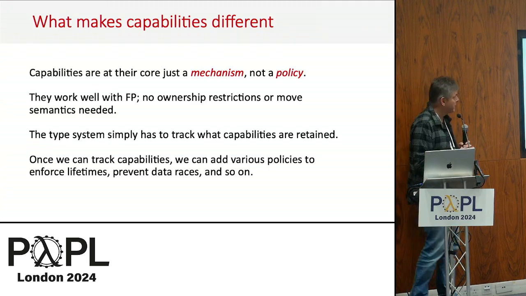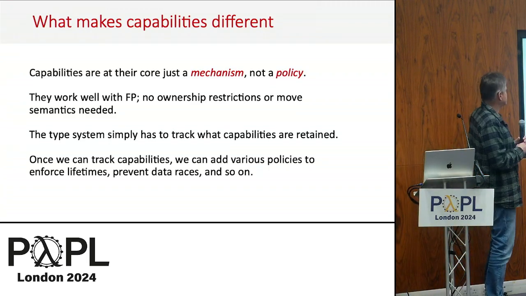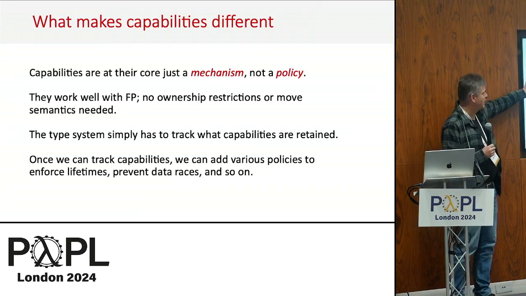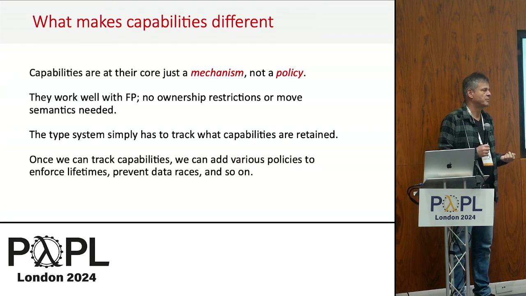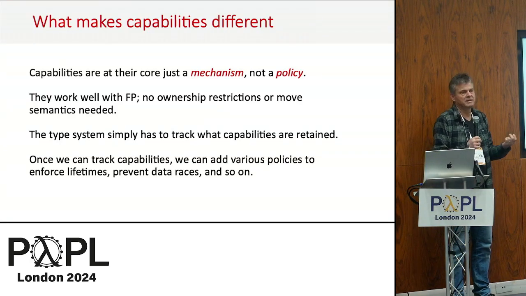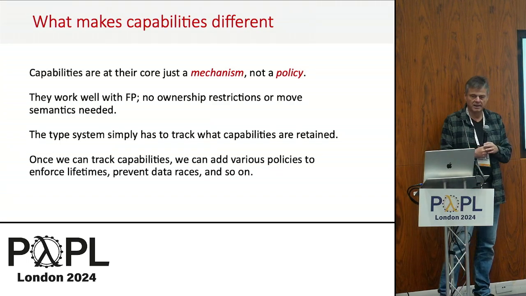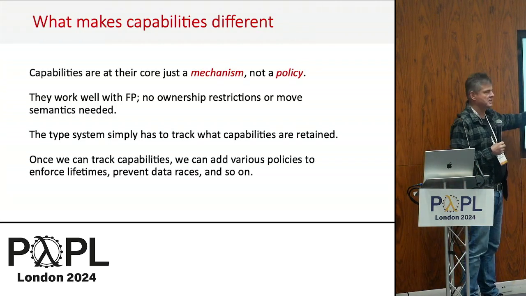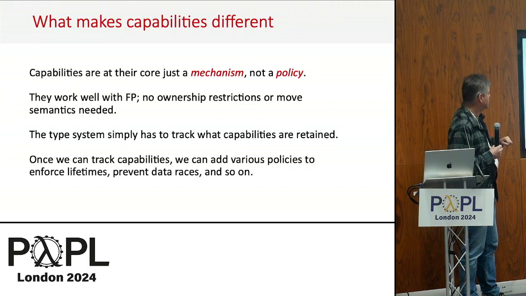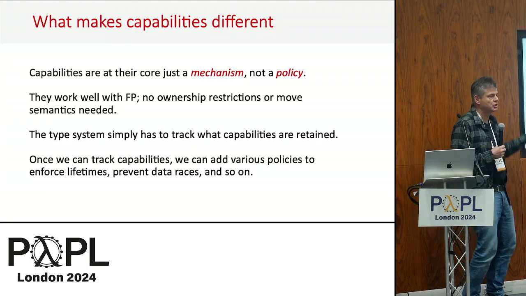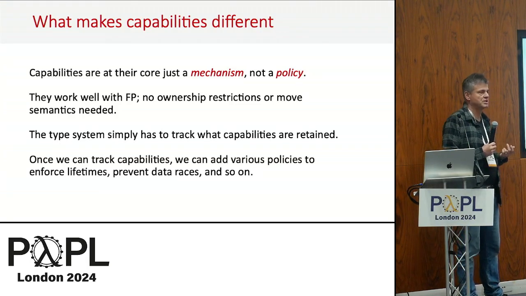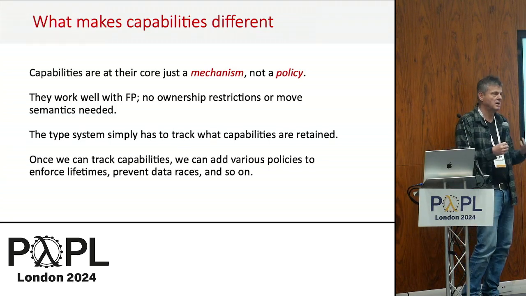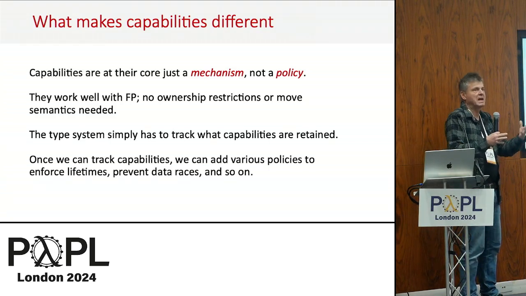So capabilities compared to effect systems, there's some difference. Capabilities at their core are just a mechanism. There's nothing yet that says they are even used for an effect. They could be used for other things like information flow. So what our system does is it simply tracks which capabilities are retained. We don't really have any restrictions like with ownership systems, where there are certain policies that say you can't do certain things.